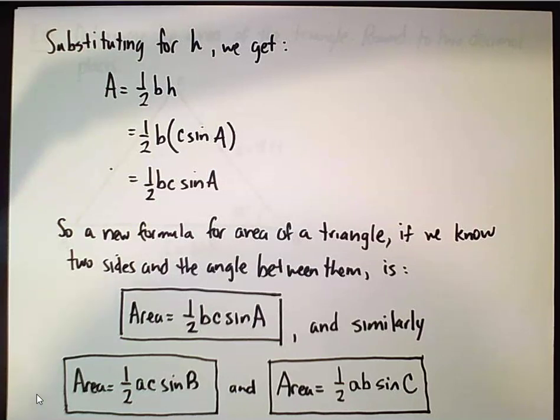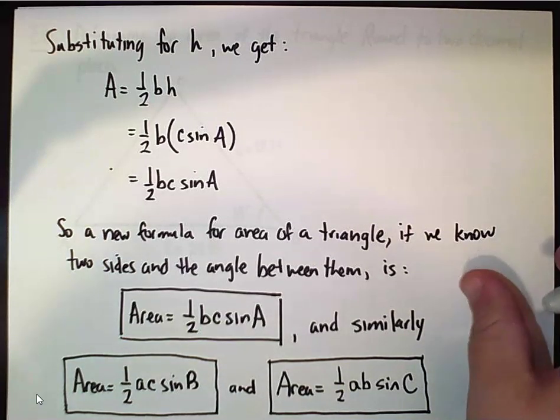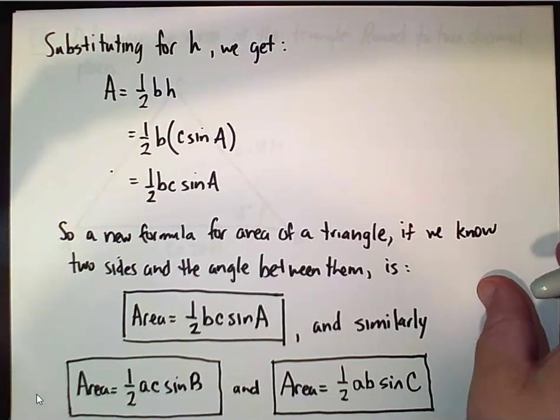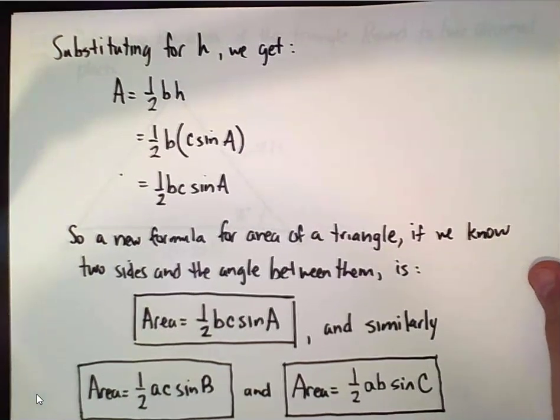The area is either 1/2 bc times the sine of A, or 1/2 ac times the sine of B, or 1/2 ab times the sine of C. We're going to use one of these three formulas to find the area of an oblique triangle, knowing two sides and the angle between them.